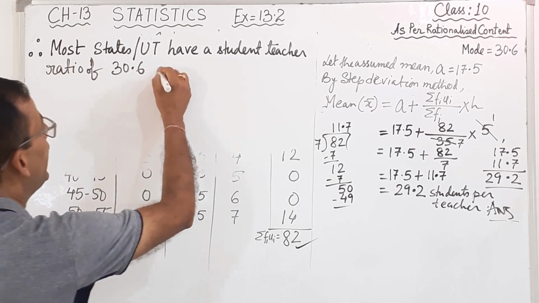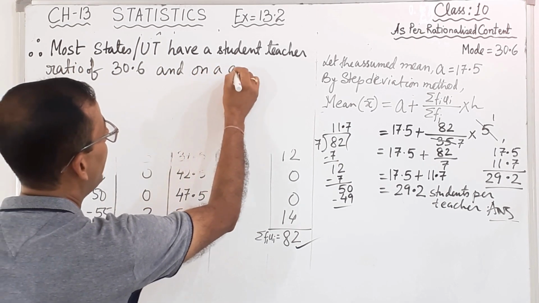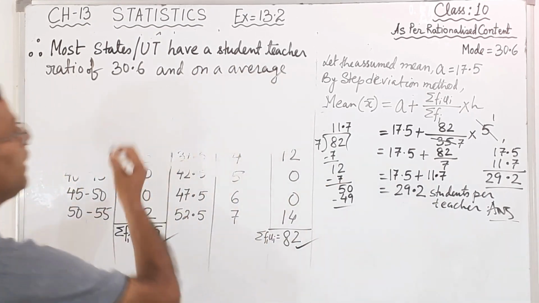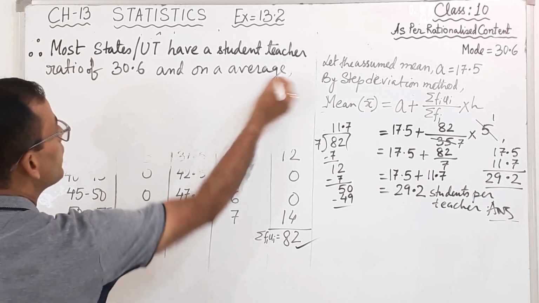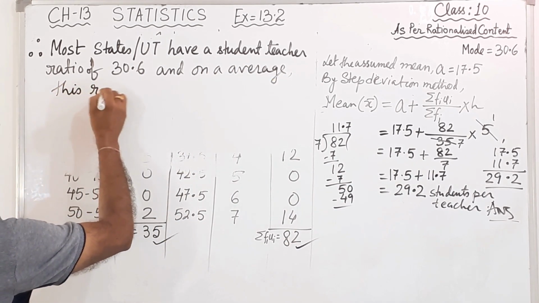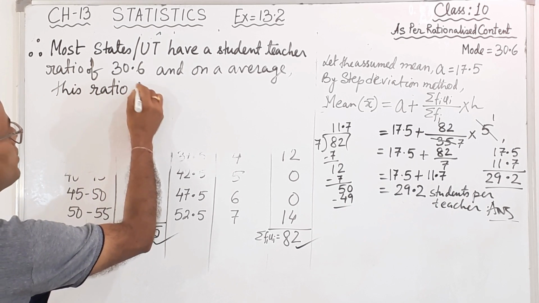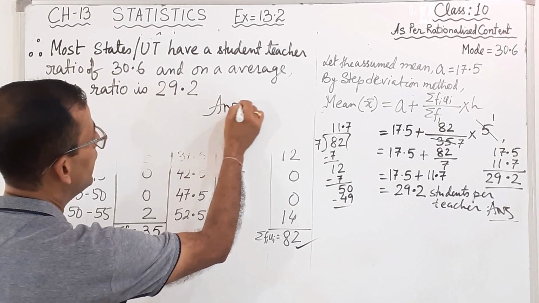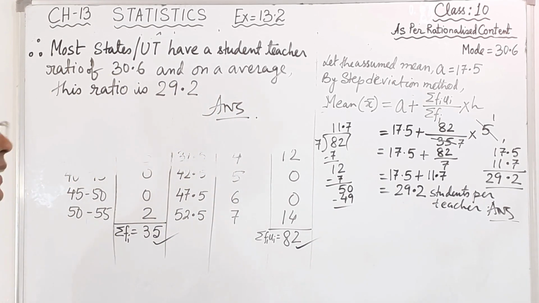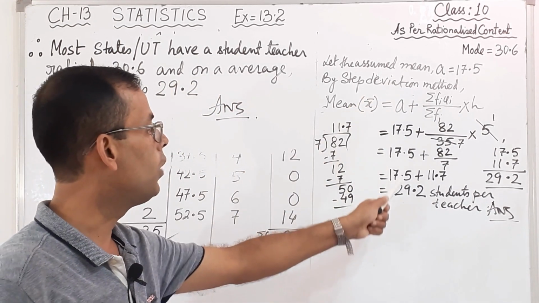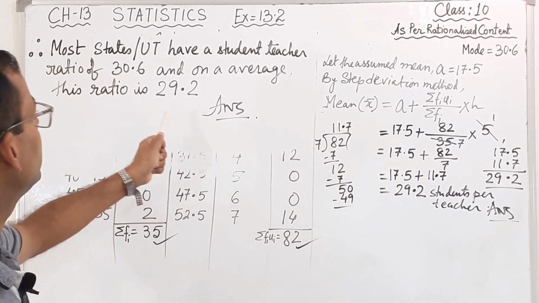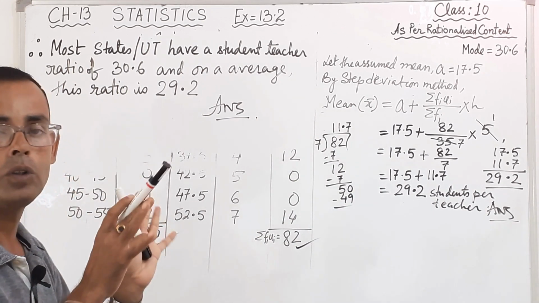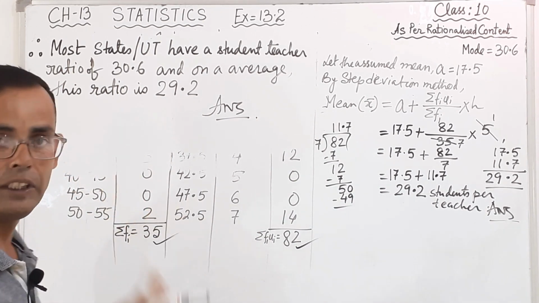Okay. And on an average, why average? Because mean is talking about average only. And on an average, this ratio is 29.2. Okay. And this is the last answer. So 3 answers are there. One is mode, one is the mean, and the last one is the, you have to interpret, okay, about this one, okay, about the 2 measures, okay.